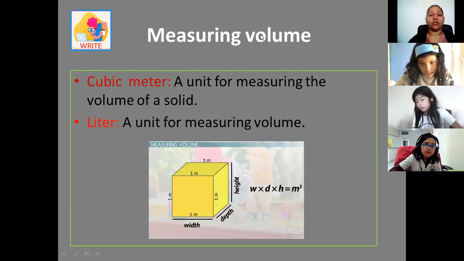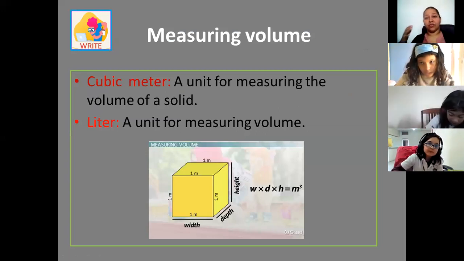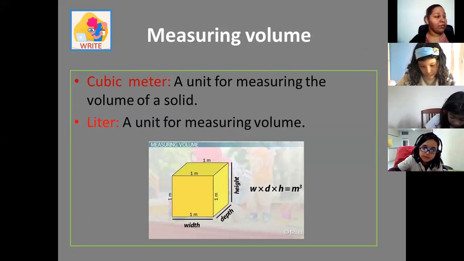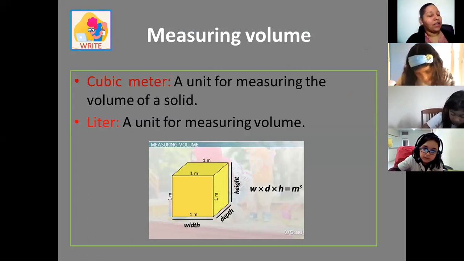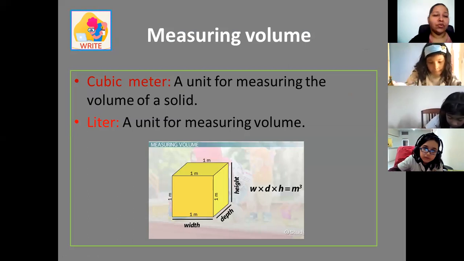So as I told you, we are going to be working on measuring volume. At the beginning of the topic, they were talking about the mass and the volume. Do you remember what volume is? You have that in your notebook.